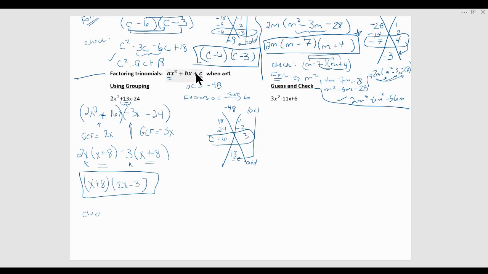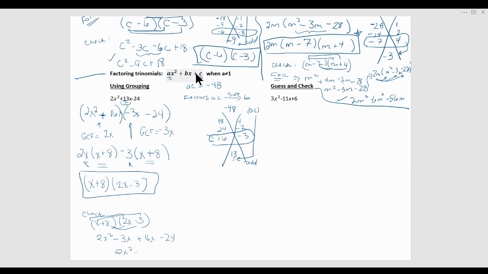And again, you can check it by multiplying it out. X plus 8 times 2x minus 3. And if I distribute that through, I get 2x squared, outer terms, minus 3x, my inner terms, plus 16x, and my last terms, minus 24.